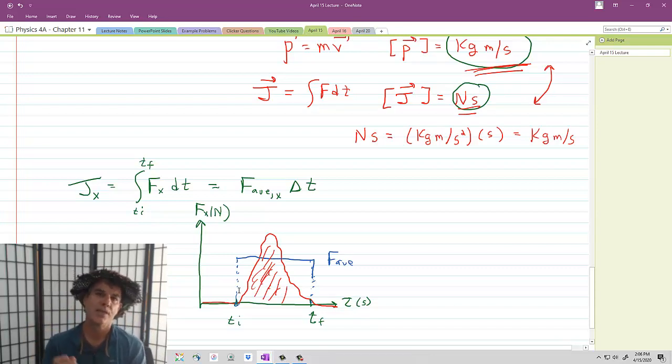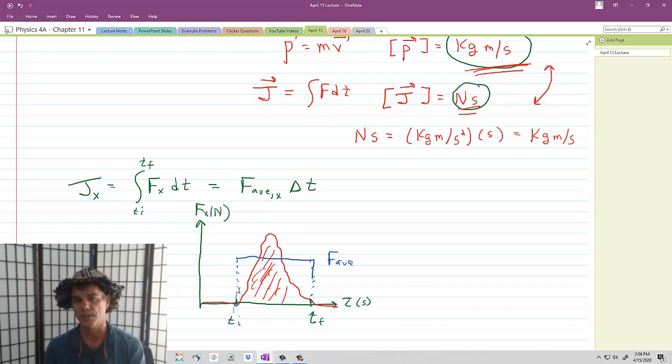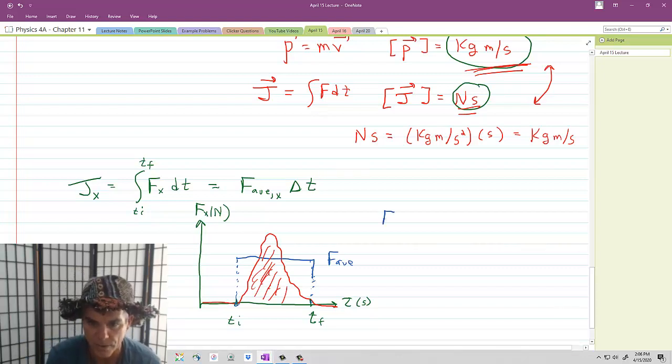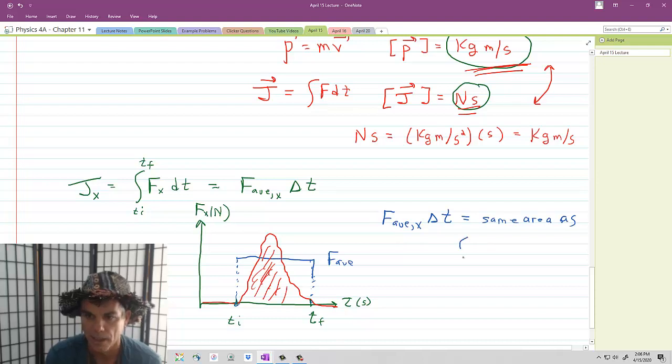So in red, that might be the real force versus time for a collision, but the average force is a constant force that, when I take the area under the curve, gives me the exact same area as the real force. So in this case, the average force in the x direction times delta t will give me the same area as the real force integrated dt from t initial to t final.